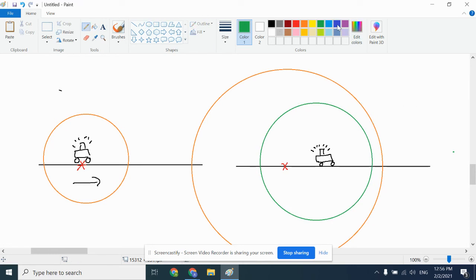Notice what's happened. This is compressed on the front end, and this is stretched on the back end. This is effectively what the Doppler effect does. It's a compression and stretching of sound waves because either the source of sound is moving or the observer is moving.